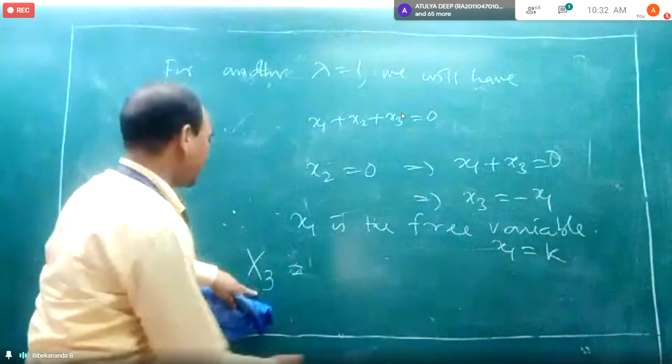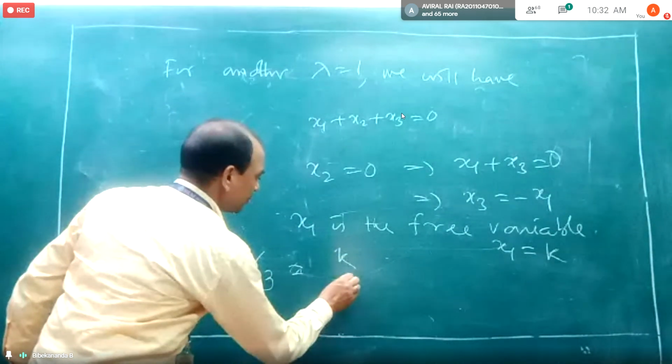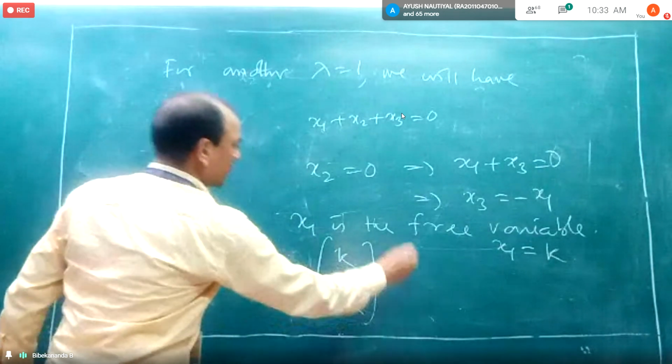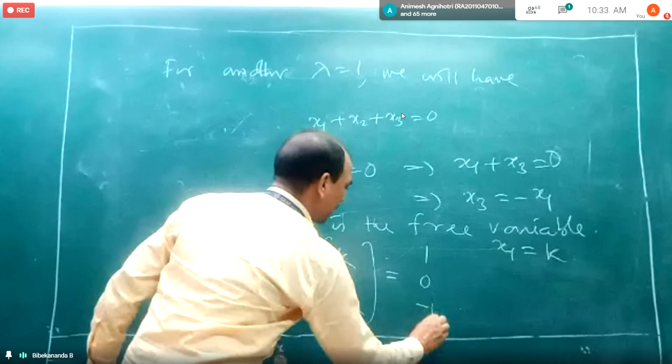So what will be your x3? It is k, 0, minus k. And so if you take the common term k, then what will it be? 1, 0, minus 1.